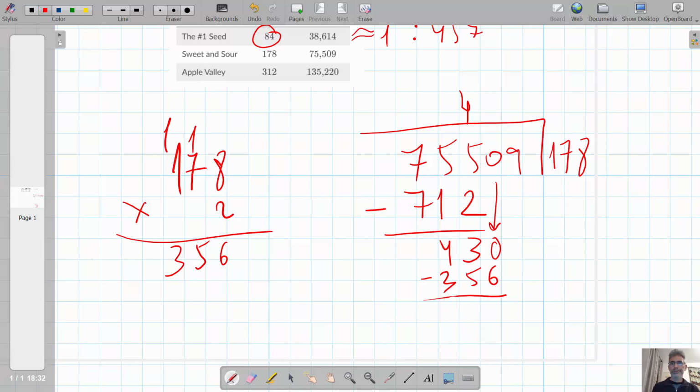Okay. So left with 3. Here we have 13, 12, and here we have 10. 10 minus 6 is 4. 12 minus 5 is 74.